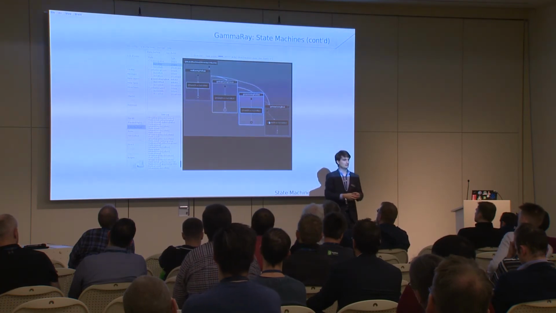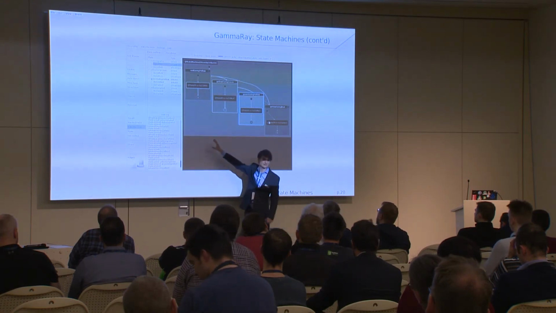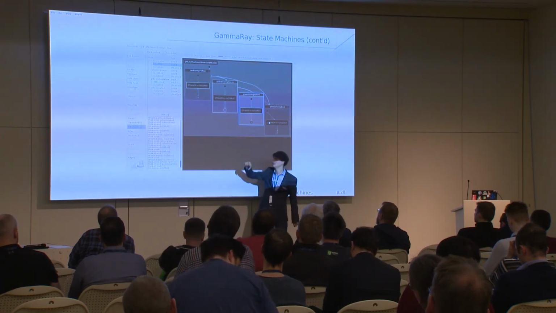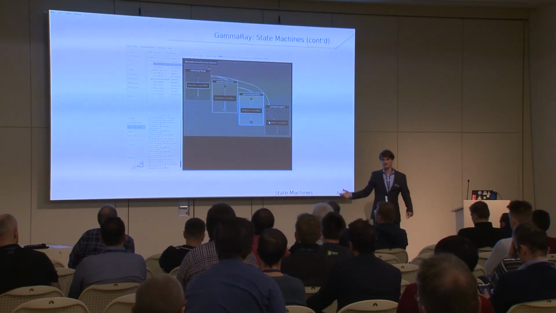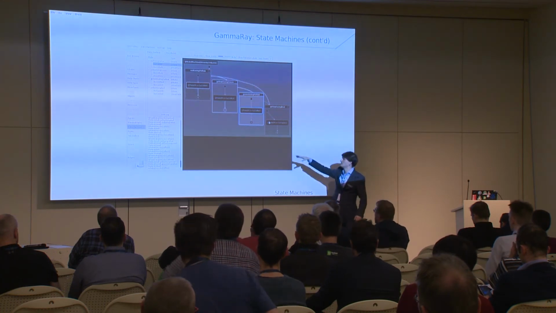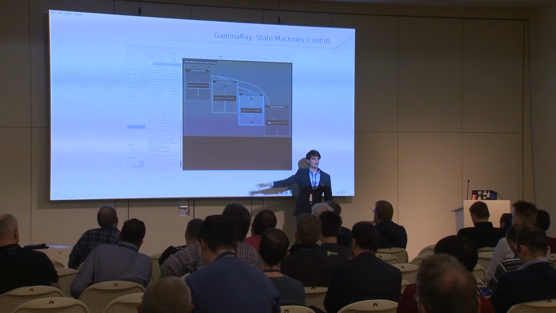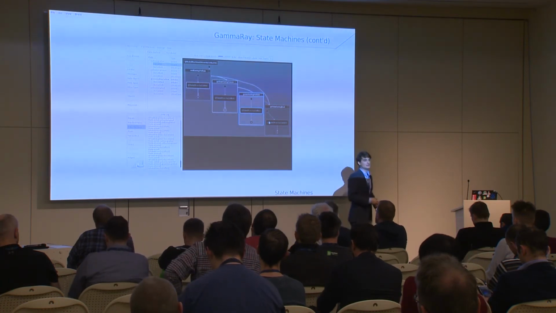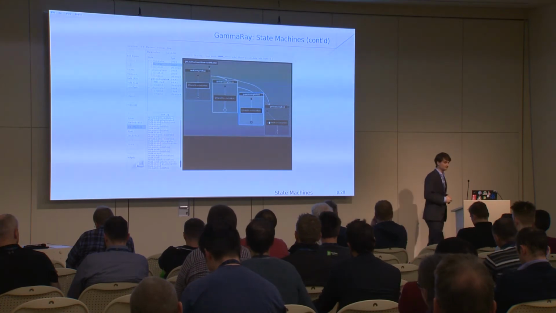It makes it very easy to spot issues graphically. If you have a state that is not connected at all or wrongly connected, it will punch you in the face when you look at it in Gamma Ray, and it's like, oh, that's the issue. Now I get it. And if it would actually run, the blue highlight would follow the current state that is active, and you can get a really nice insight into your state machines.